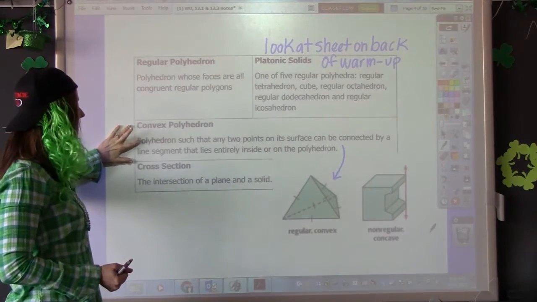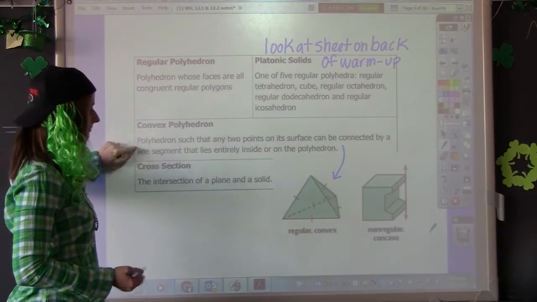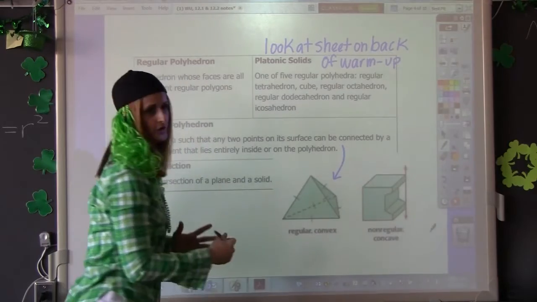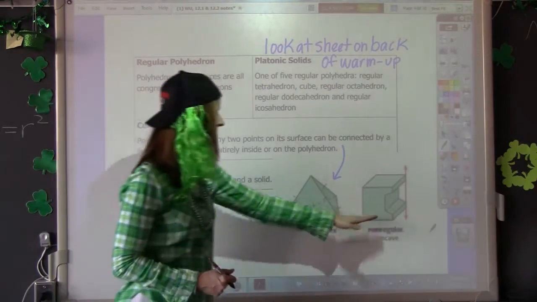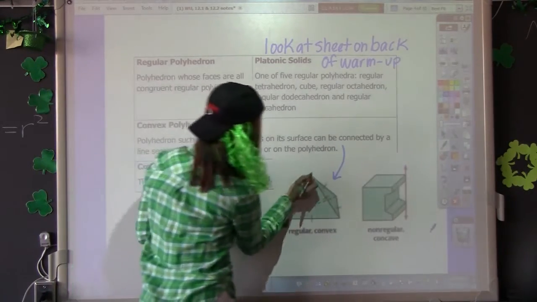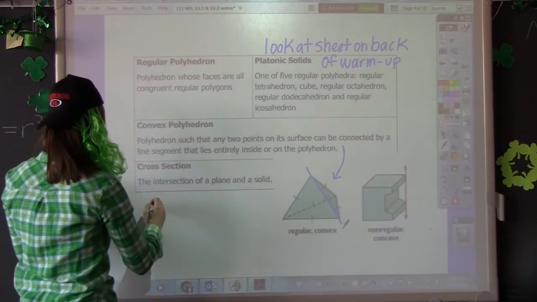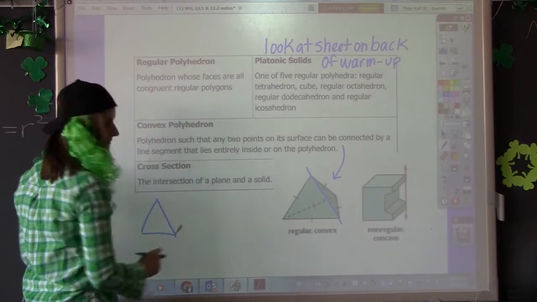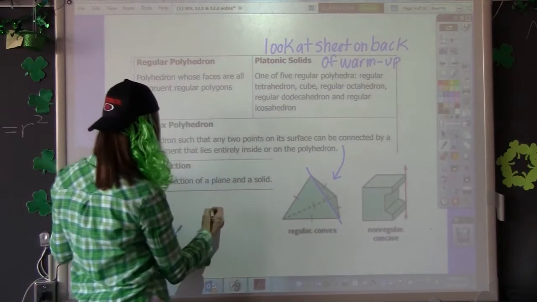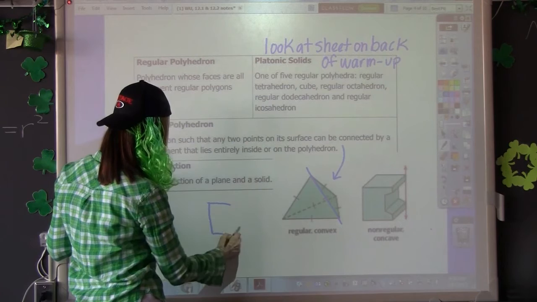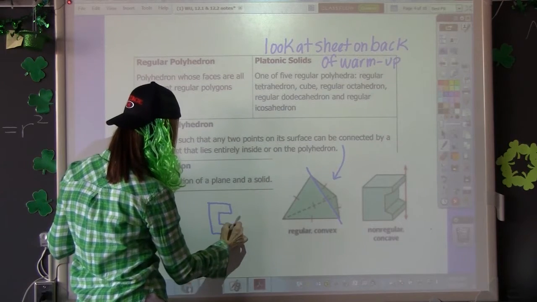A convex polyhedron, I drew you a picture here, I know it's not in your notes, and this is concave. Remember how we learned about convex and concave two-dimensional polygons?